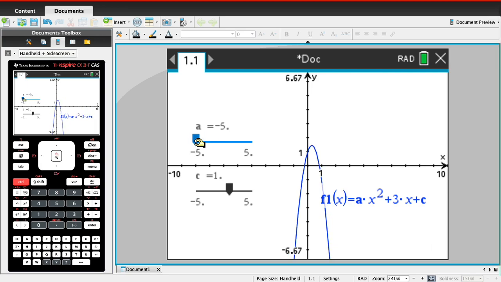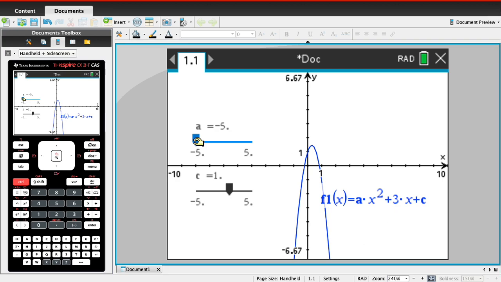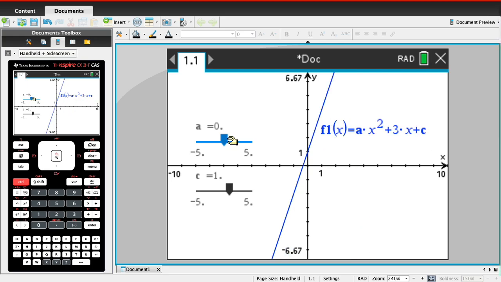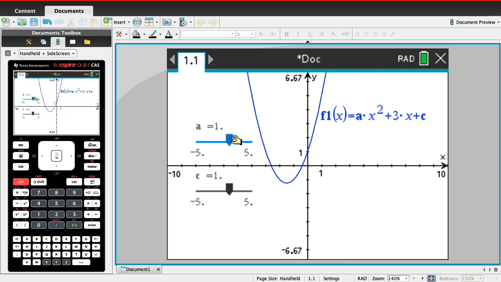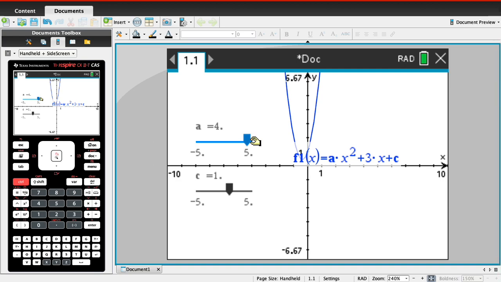So notice how it gets skinnier going that way too. So if I go from a -5 and start heading up, it gets a little fatter, little fatter, little fatter, and then eventually it's going to flip over and open back up. Stays a little fat, and then it starts getting skinnier, skinnier, skinnier.